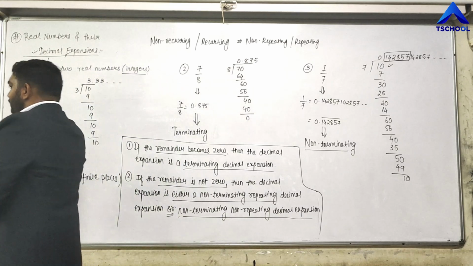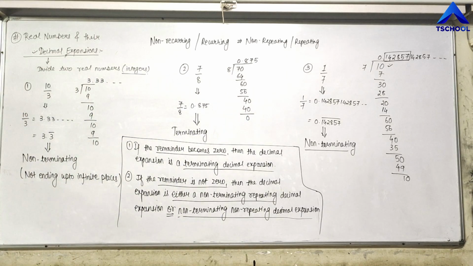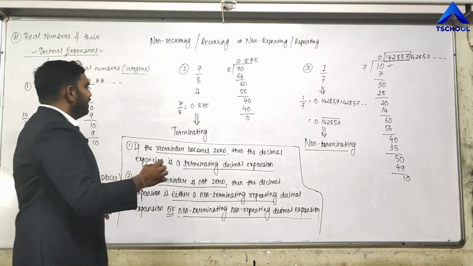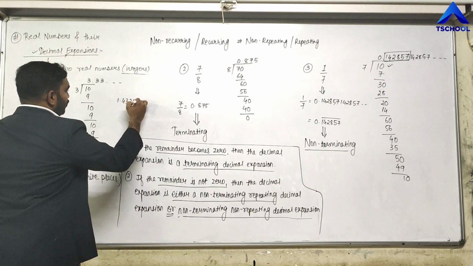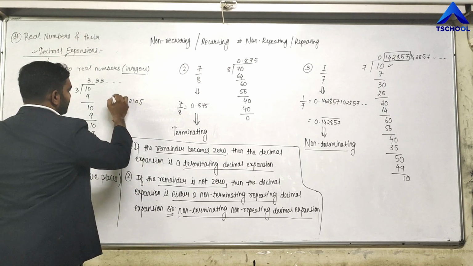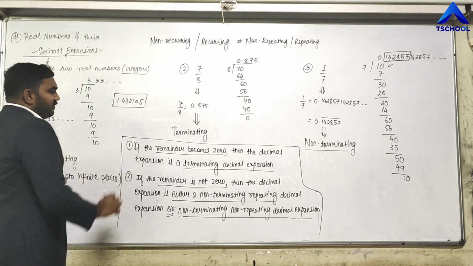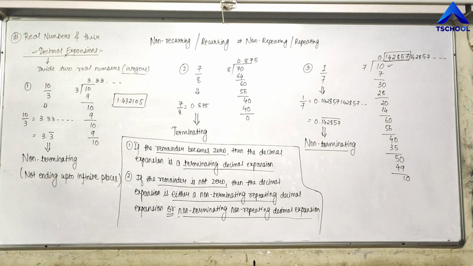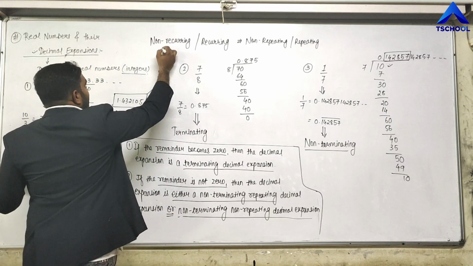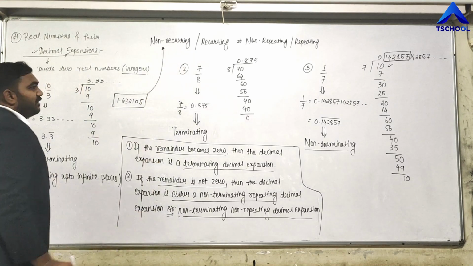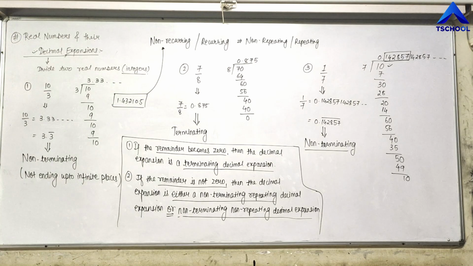Non-repeating means the number is not going to repeat anywhere after the decimal. For example, if I get an expansion like 1.432105, none of the numbers here are repeating, so that is known as non-recurring or non-repeating.